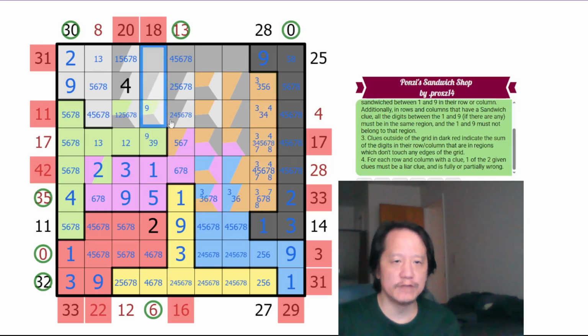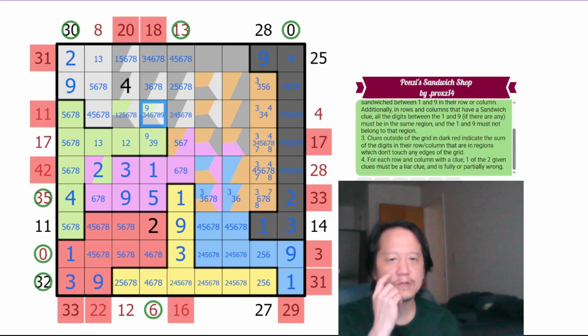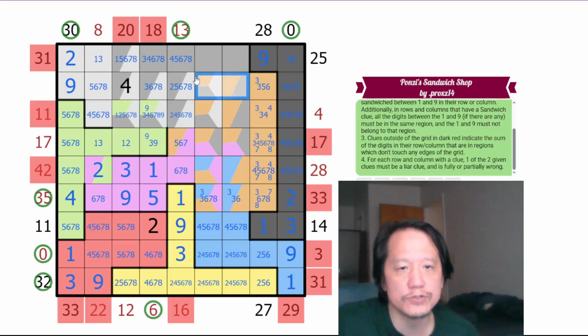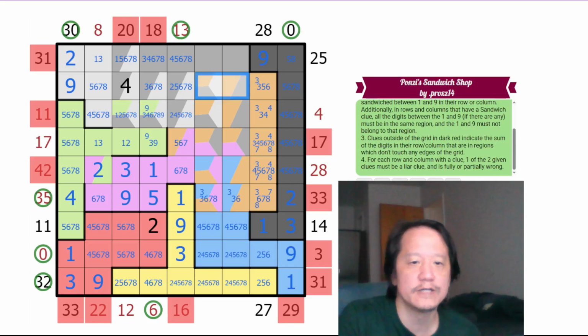Remaining digits of column 4, we have 3, 4, 6, 7, 8, and 9. So no 4 here, no 9s here. Where is 1 in row 2? It must be one of these two. That's interesting.